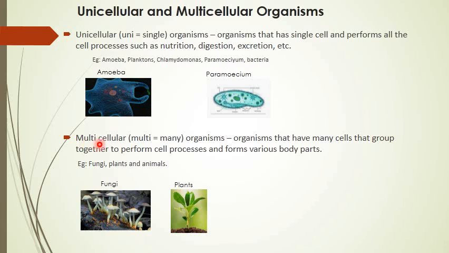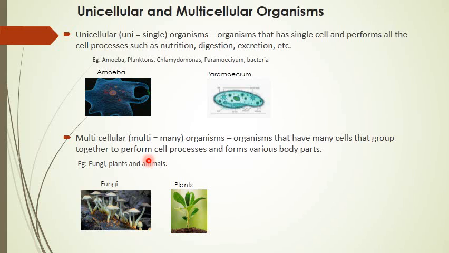Here comes the multicellular. As I said, multi is many. There are many cells, and each cell does one function and together they perform many functions. So organisms that have many cells group together to perform cell processes. Like one cell performs nutrition, the other cell performs excretion, the other cell performs digestion, the other cell reproduction.